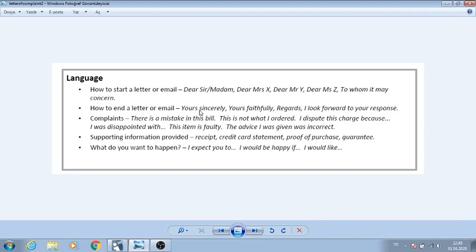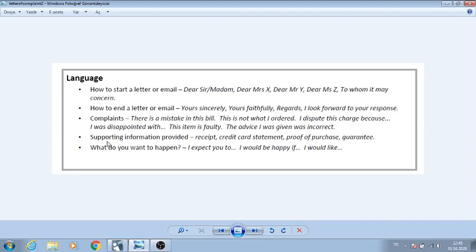That means ilgili kişiye. And how will you end your letter or email? You should use one of these phrases. Yours sincerely, yours faithfully, regards. I look forward to your response. And also in the paragraphs, you will tell your complaints in detail and in a polite way. And also you will support your information provided.